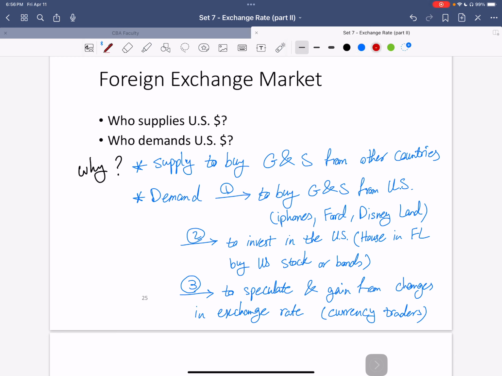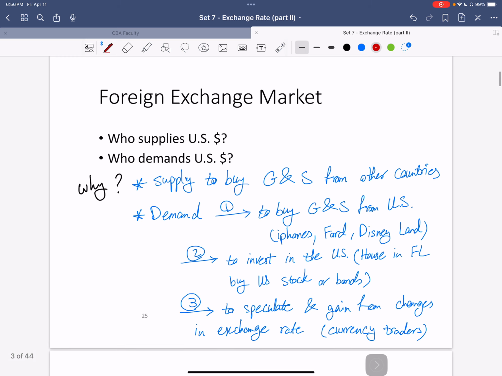Okay. And then in this example that we were discussing, we only had the supply of dollars. So the supply of dollar was almost equal to the demand for euro because we assume that there are only European people and American people. Okay.